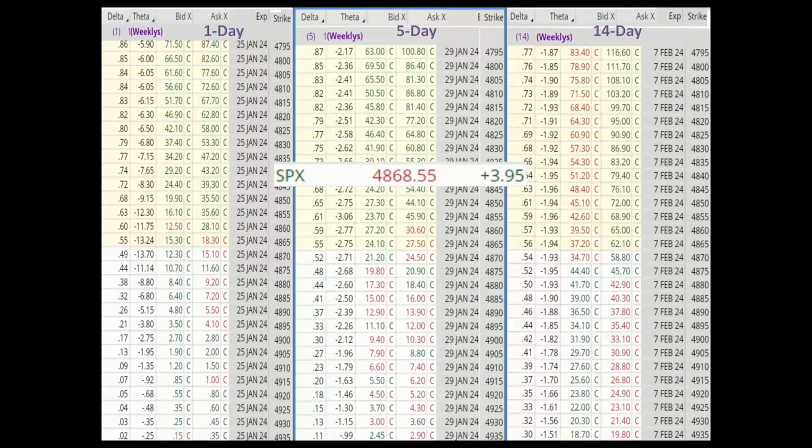I didn't focus on the puts because the puts will be a mirror image of the calls. So with the strikes starting at 47.95 going up to 49.40 on these chains, we'll be able to pick up call spreads that are deep in the money, call spreads that are at the money, and call spreads that are out of the money.